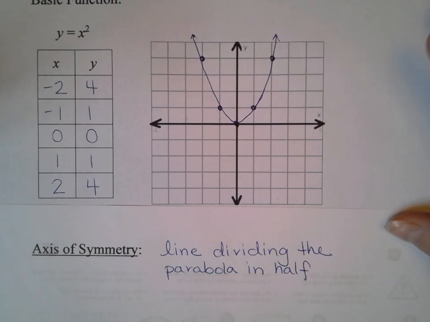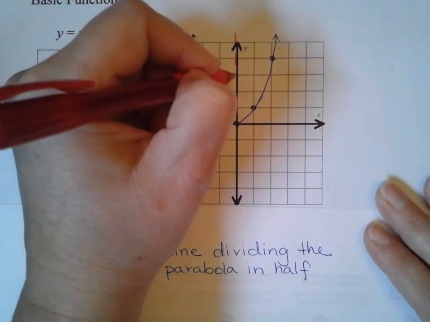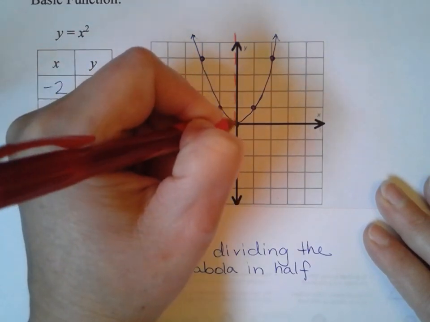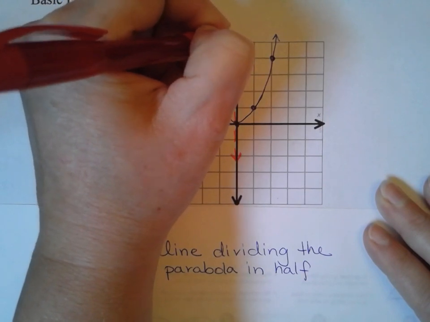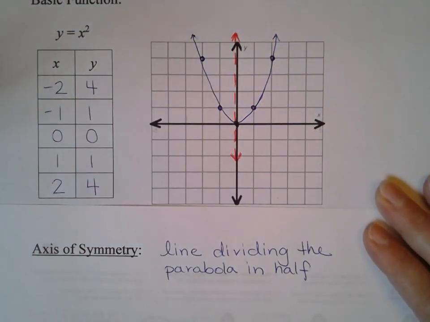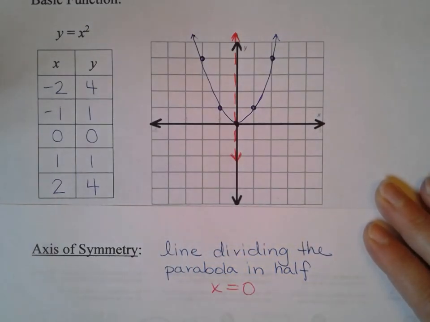So if I were to slice this parabola into two equal parts, this shape, this basic parabola, is symmetric over the y-axis. That won't be the case for every parabola, but for the basic one that's centered here at 0, 0, it's true. And so the vertical line that goes through 0, 0 would be the line x equals 0. And this would be the equation of the line of symmetry for this graph, or the axis of symmetry.